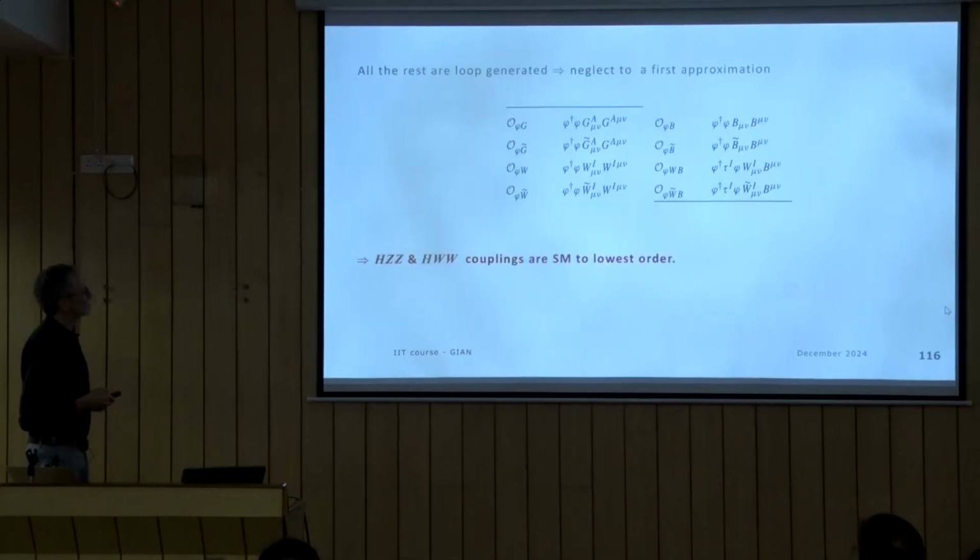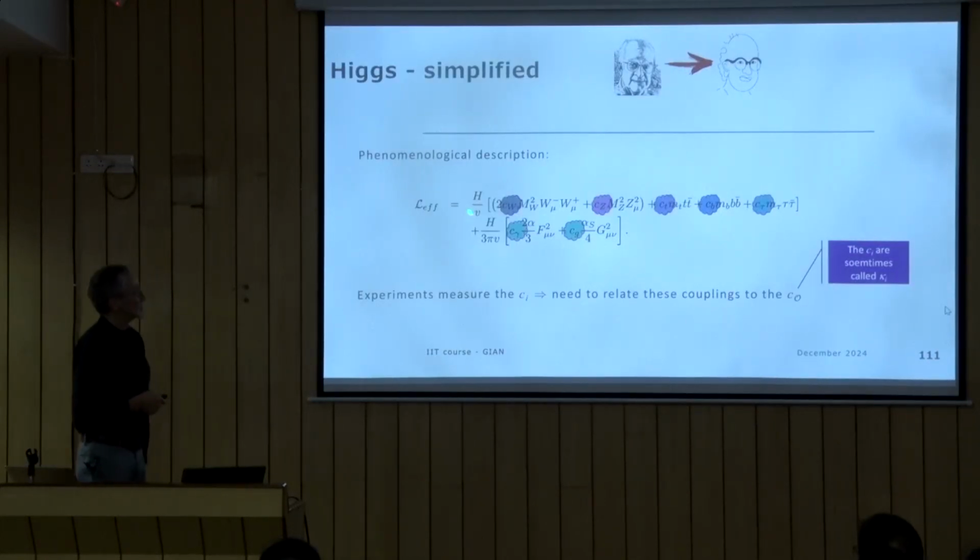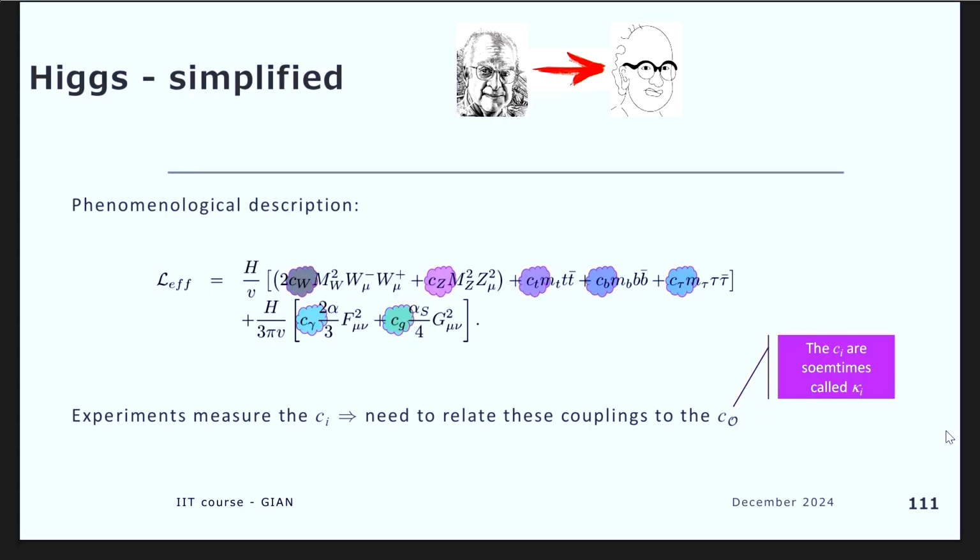This expression that I started with is very simple, much simpler than the effective theory, but it has a problem. There is no connection between this type of coefficients, or if you call them kappa, kappa W, kappa Z, and any kind of underlying physics. They're just numbers.